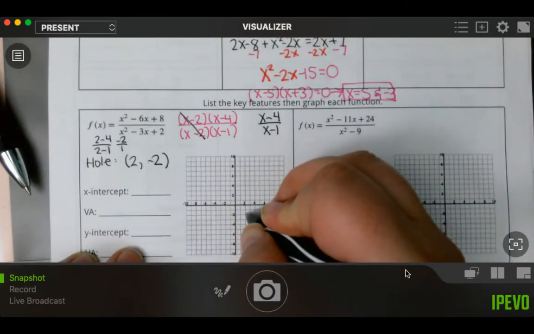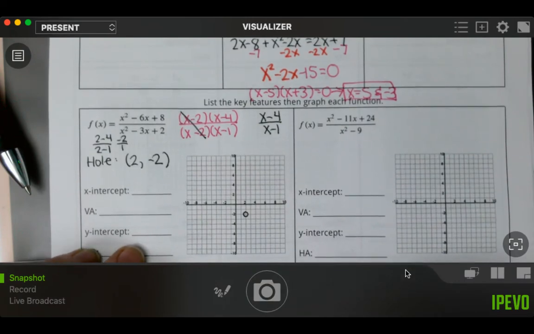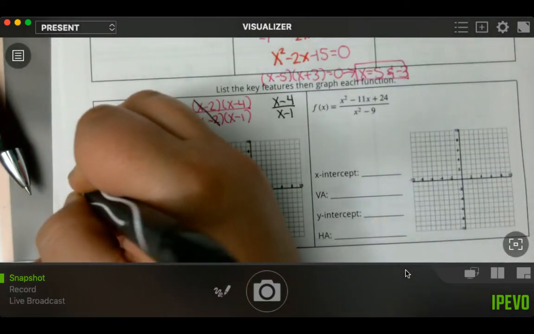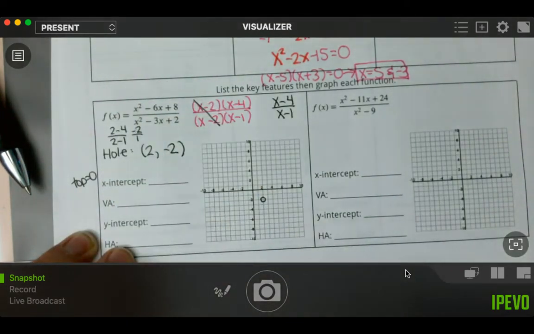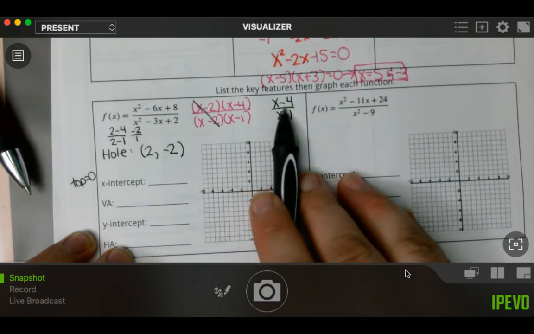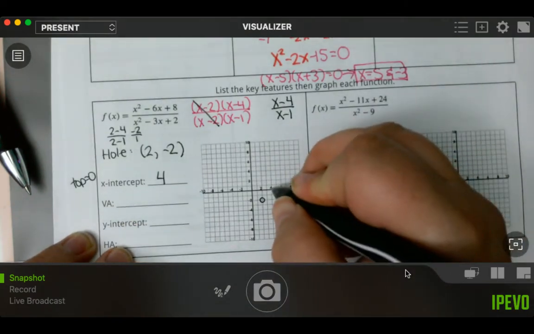Over 2, down 2. And notice how I made it an open circle, because again, it is a hole. For the x-intercept, that is when you set the top equal to 0. So if I set x minus 4 equal to 0, I would add the 4 to the other side. That's my x-intercept.